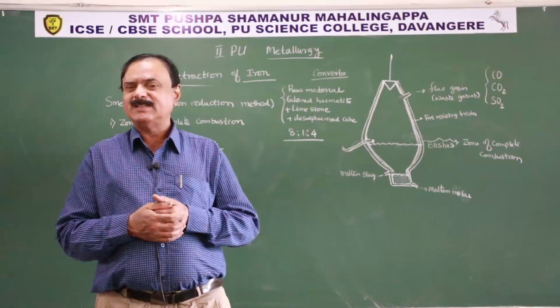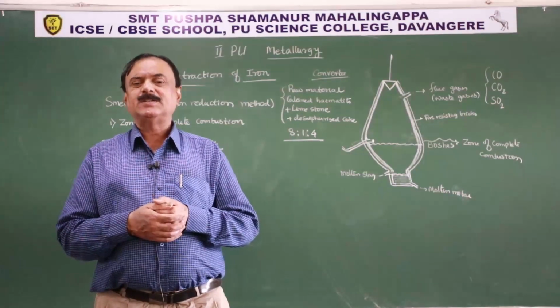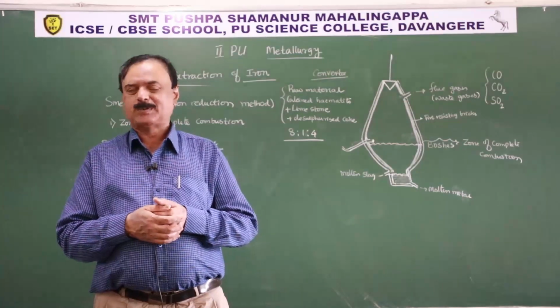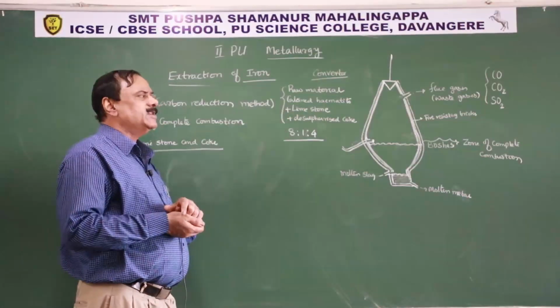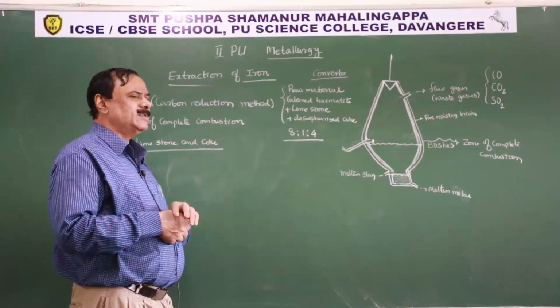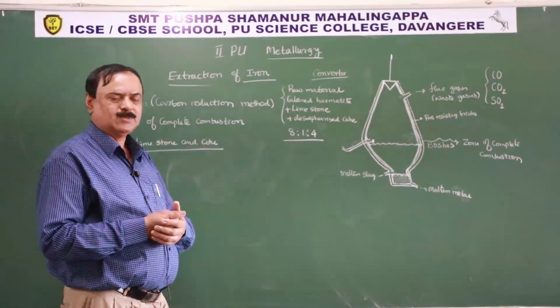Then sulfur dioxide is expelled, and the coke becomes more porous in nature. That porous coke is called desulfurized coke. Is it clear? Now for every 8 kg of calcined hematite, use 1 kg of limestone and 4 kg of desulfurized coke.